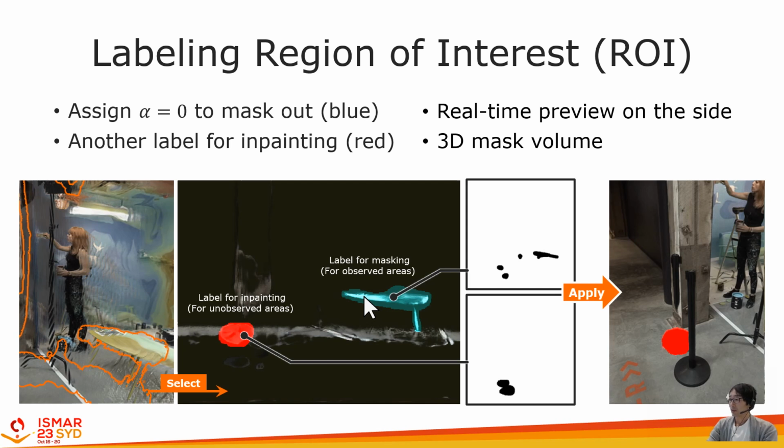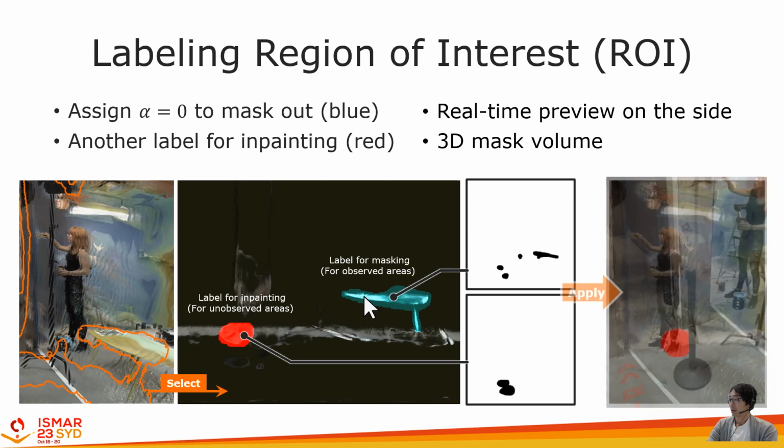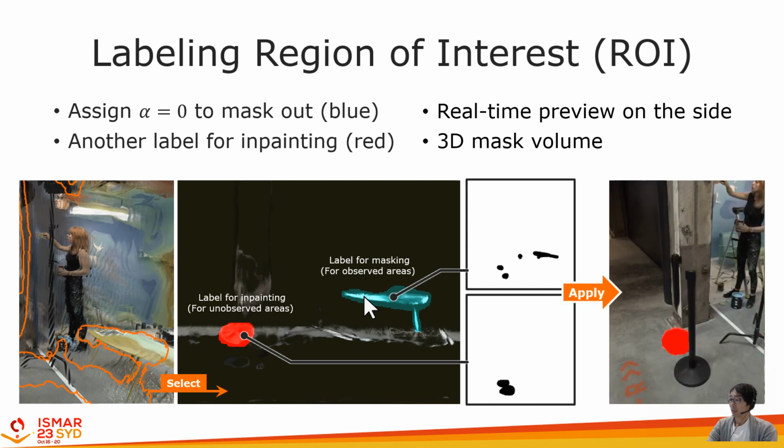Our interactive desktop segmentation tool allows us to select one of the layers by mouse scrolling and assign those different labels like in a digital painting tool. To assist the hole selection, we sample rays within the volume to see if rays hit something or not. The labeling tool has another window that shows the current edits in real-time preview.